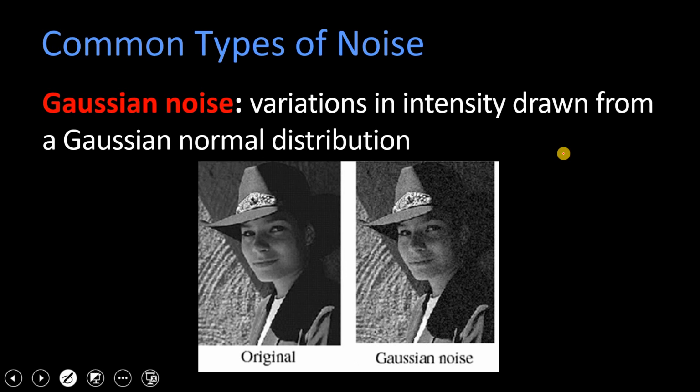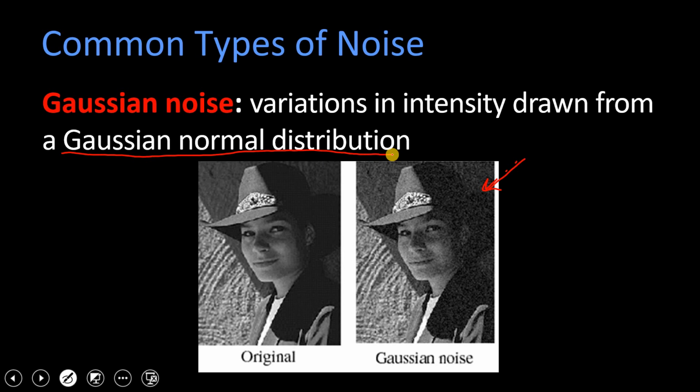The third noise is more difficult. It is called Gaussian noise. Gaussian noise is mixed everywhere, and its value is based on the Gaussian normal distribution. What does that mean? It means the value is close to the surrounding pixels.